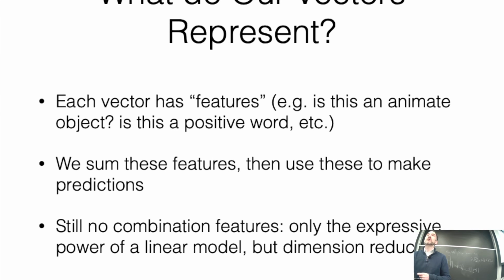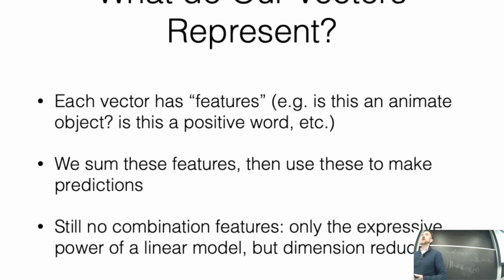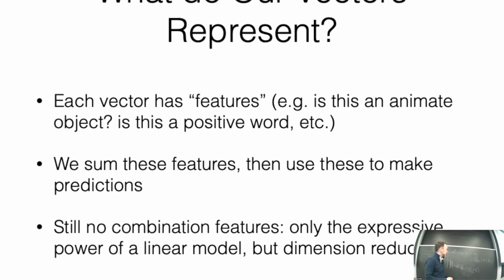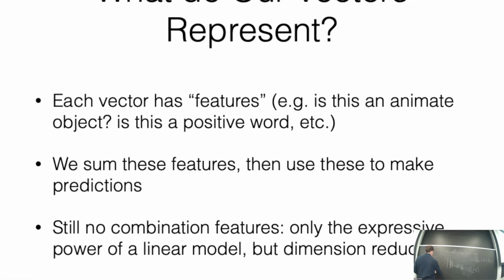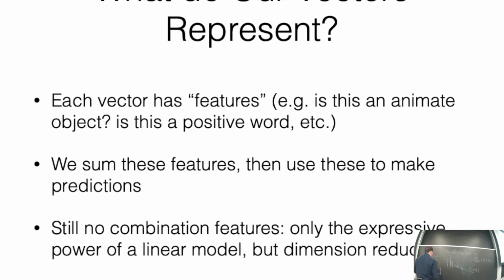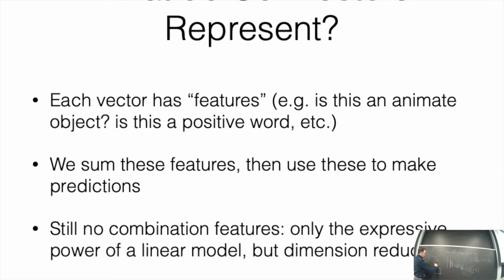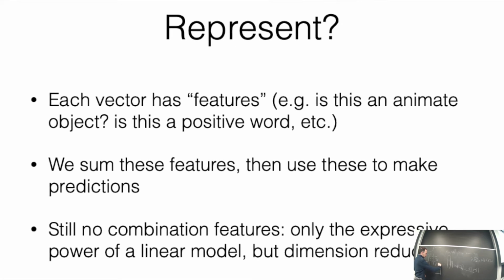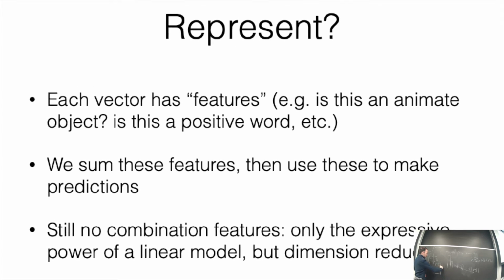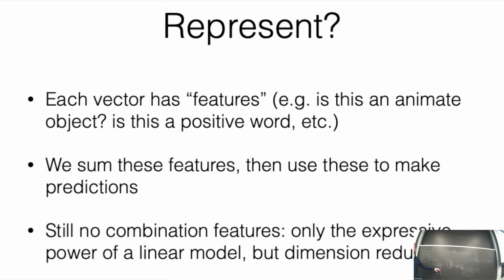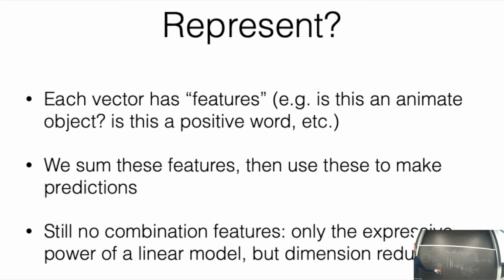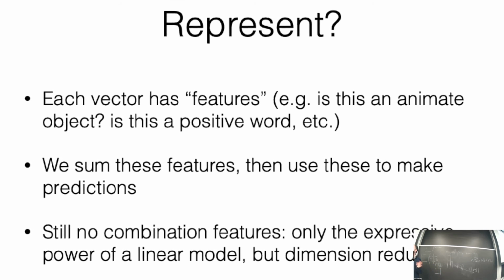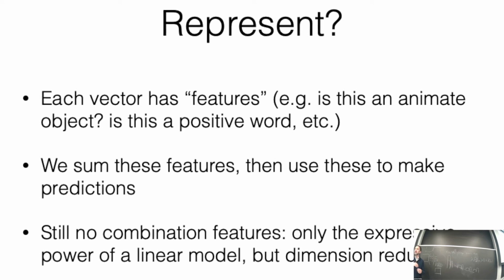So this was talking about the continuous bag of words features. The problem with the continuous bag of words features was we were extracting features like this, but then we were directly using the dense features that we extracted to make predictions without actually allowing for any interactions between the features.